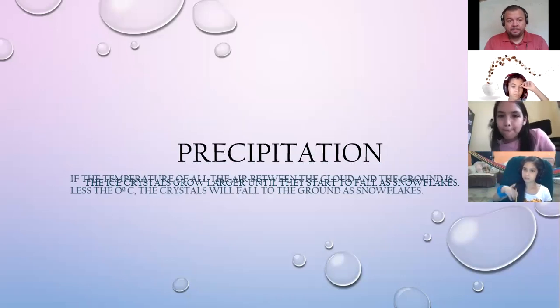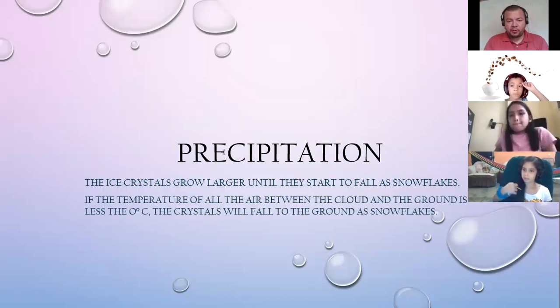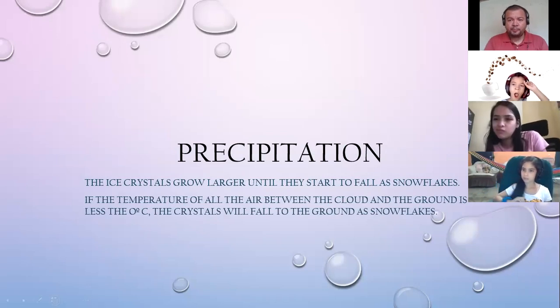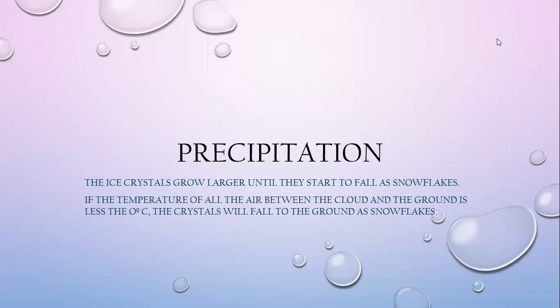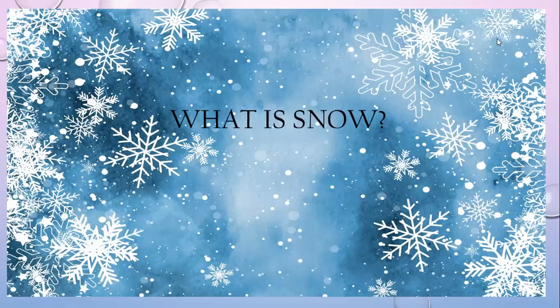If the temperature of all the air between the cloud and the ground is less than 0 degrees centigrade, the crystals will fall to the ground as snowflakes. Okay, let's continue. What is snow?